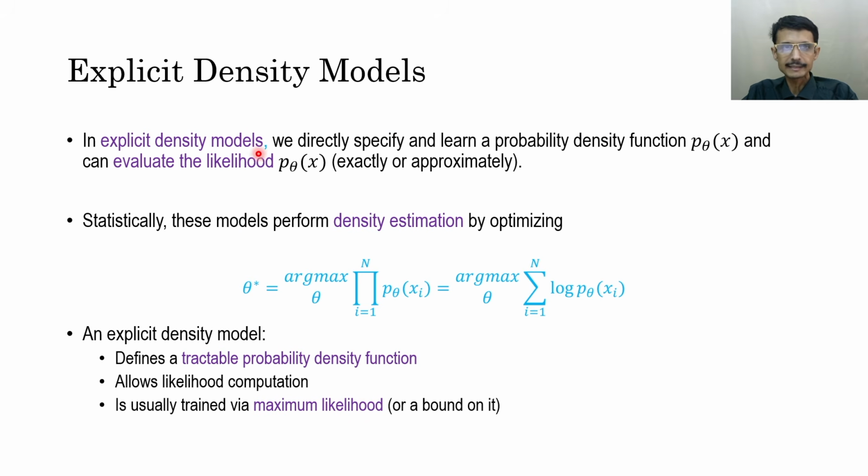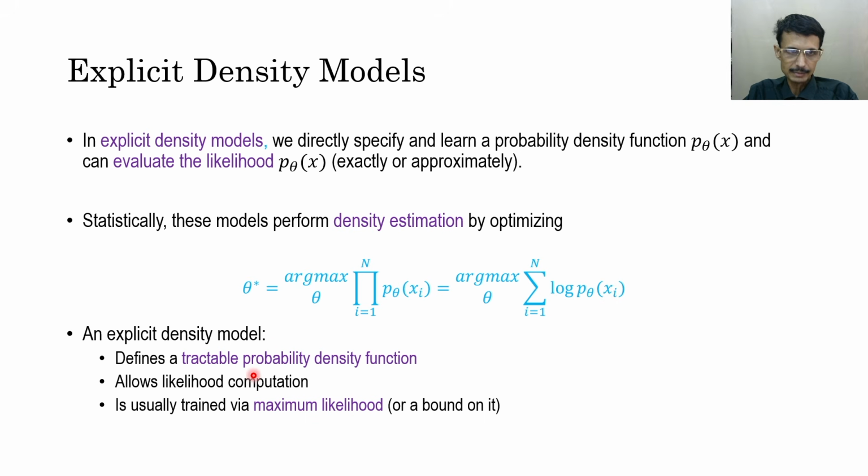So in an explicit density model, we directly specify and learn the probability density function P theta x and can evaluate the likelihood P theta x exactly or approximately. These models perform the estimation by optimizing the argmax of P theta x, which is the log likelihood.